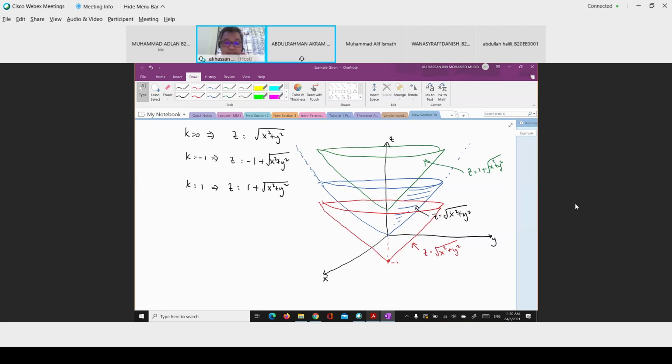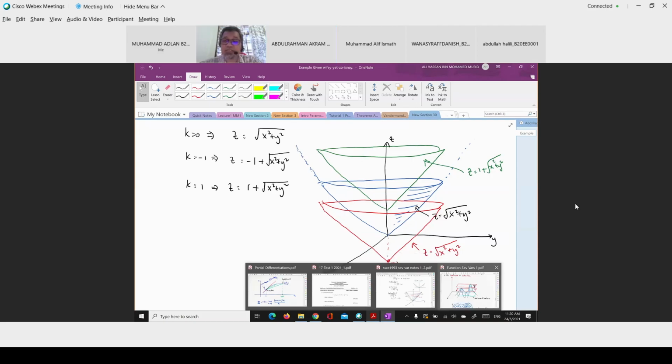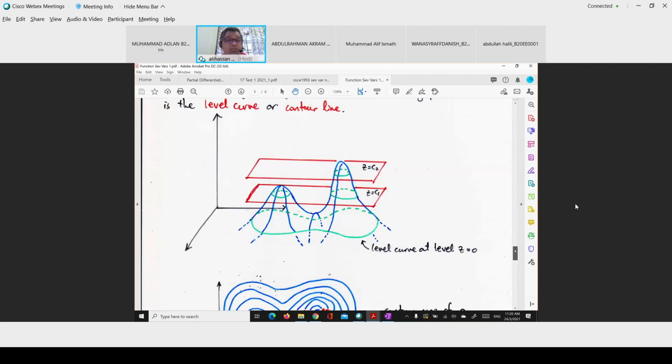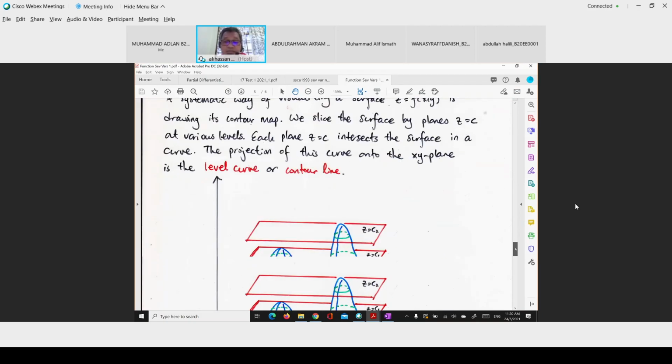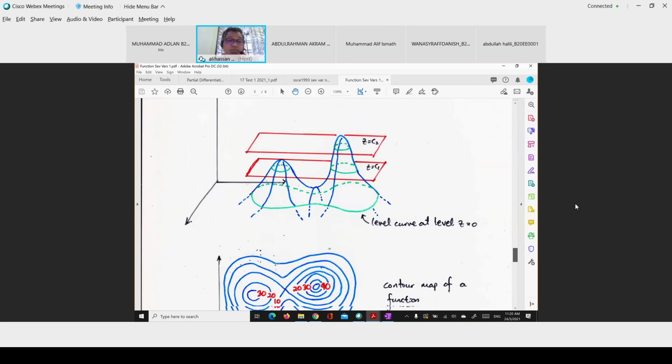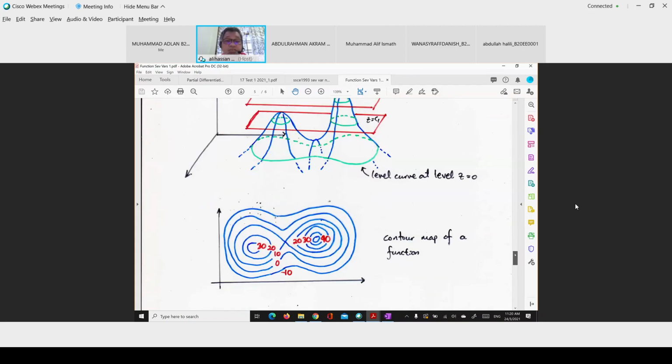So recall this diagram I showed you last time when we were discussing level curves. Suppose we have a mountain, a surface in blue here. Imagine the mountain moves and intersects the xy plane, which is the two-dimensional world. Then the intersection looks like this contour curve, right?